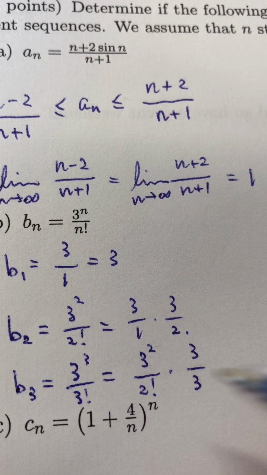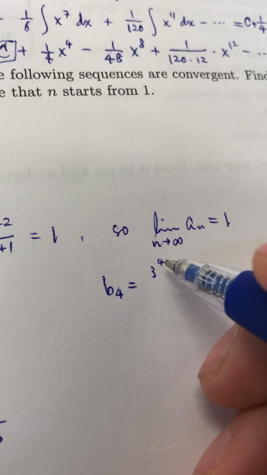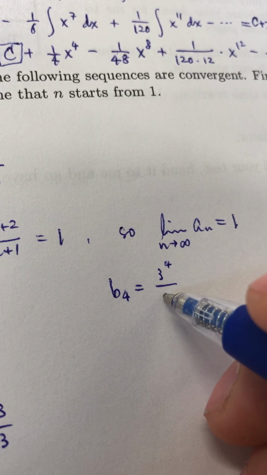If you keep trying, then you see that b4 is equal to 3 to the 4th over 4 factorial, which is 3 cubed over 3 factorial times 3 over 4. And 3 cubed over 3 factorial is b3. And 3 over 4 is a number less than 1.